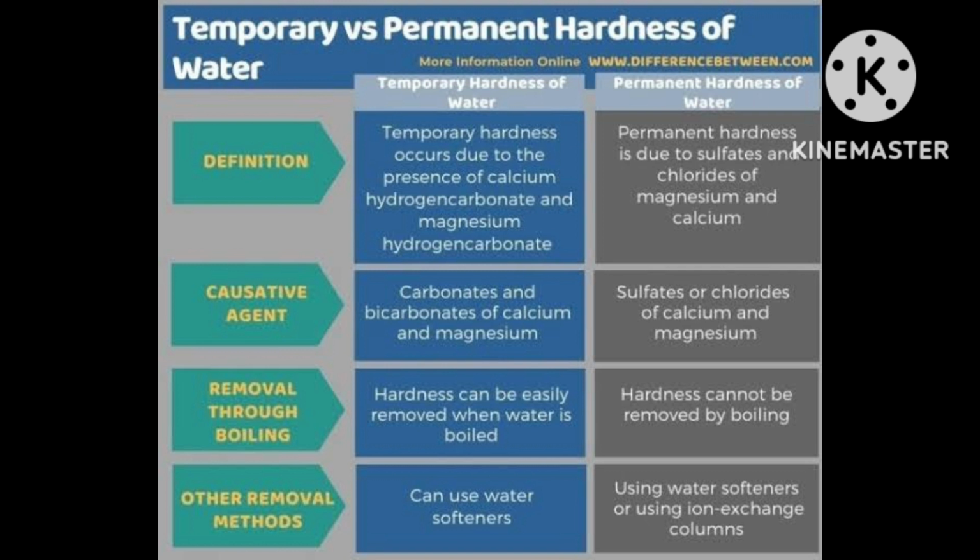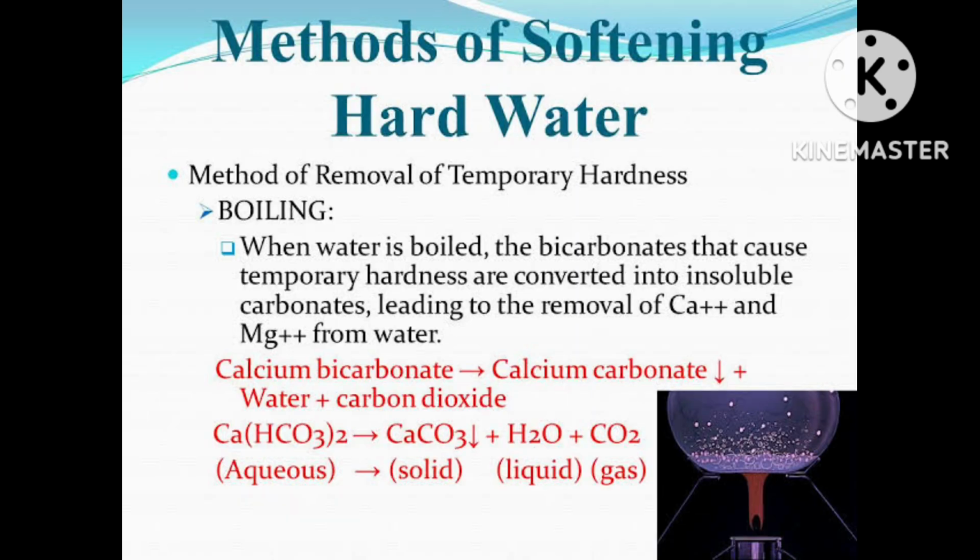Then you can tell water free from soluble salts of calcium and magnesium is called soft water. It gives lather with soap easily. Soft water will give lather. So soft water gives lather with soap easily. Okay. Hard water forms scum, S-C-U-M, scum.